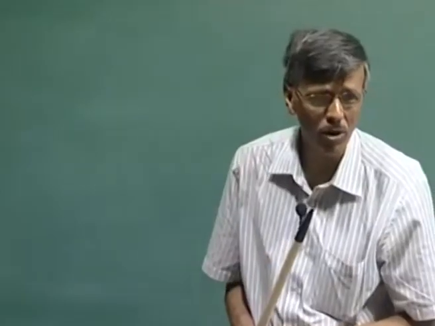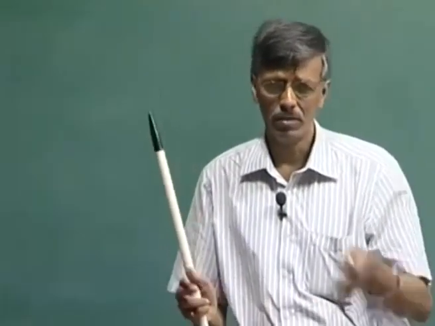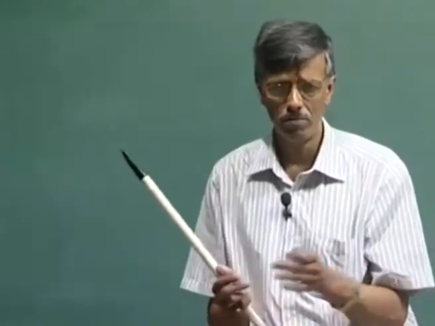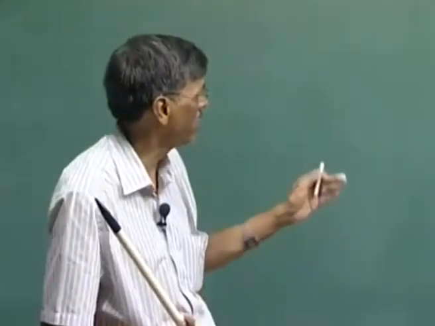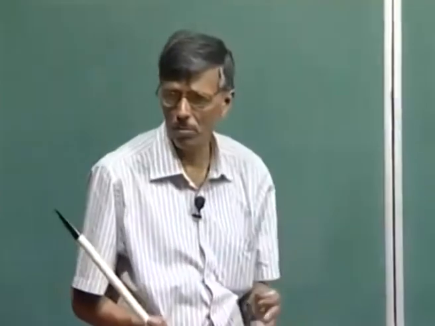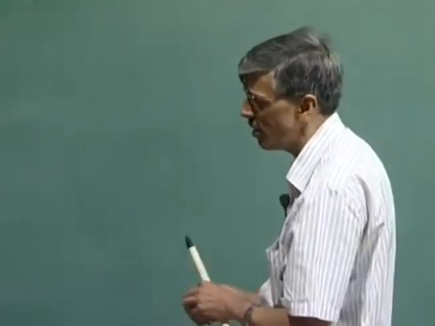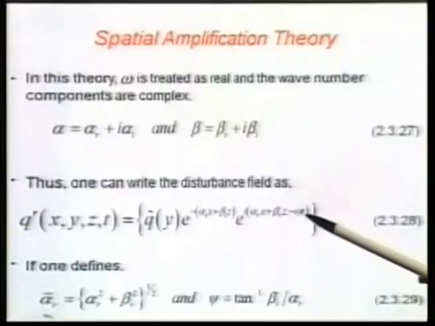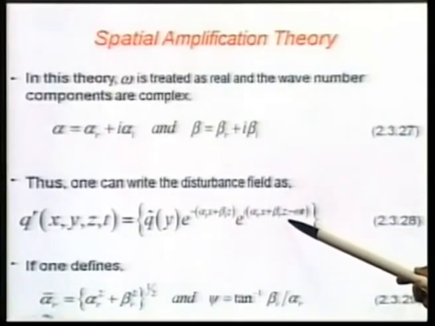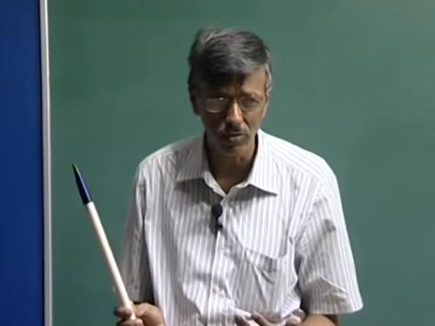Now, spatial theory is somewhat more complicated than the temporal theory. In temporal theory, we saw that alpha and beta are real, which signified that we were going along a particular direction. But here the scenario is a little more complex, because the real parts, alpha r and beta r, will help us in defining the phase speed and the group velocities.